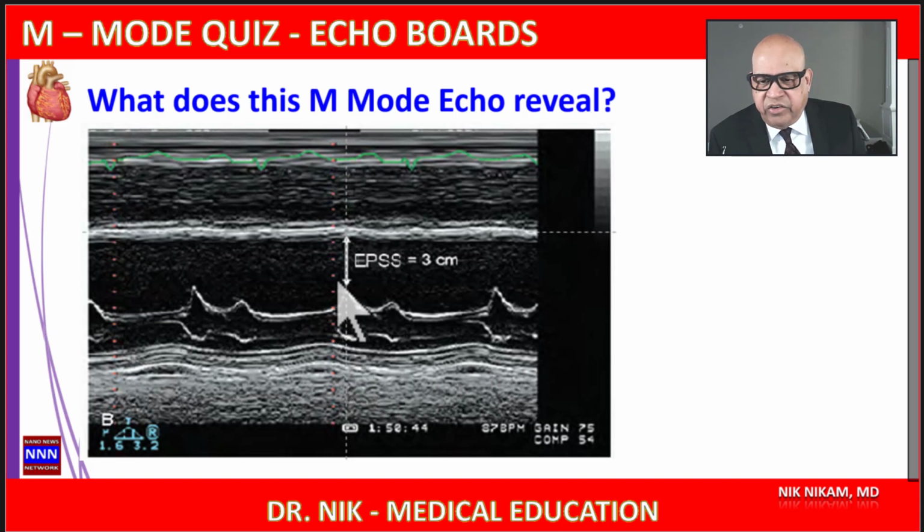There is an increase in the left ventricular internal dimension. If you measure it 1, 2, 3, 4, 5, 6, 6.5 centimeters. What is the normal maximum dimension of the left ventricle, which we're going to be talking about in the later phases? It is 57 millimeters.